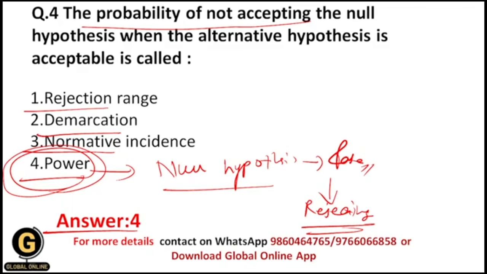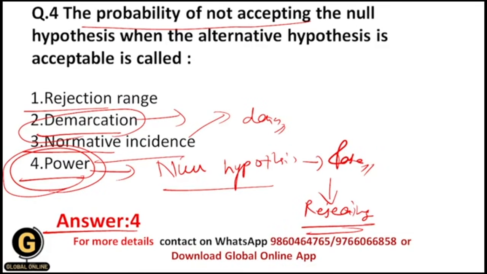All of you getting? Now students, what is this demarcation? Basically demarcation is the marking of limits or boundaries. Then what is this normative incidence? Basically normative incidence is taken from the normative data itself, and this is the data from a reference population that establishes a baseline distribution for score or measurement, against which score or measurement can be compared.